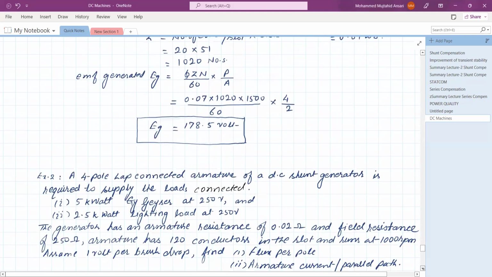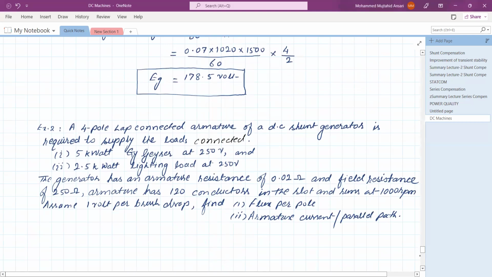The second numerical is: a 4-pole lap connected armature of a DC shunt generator is required to supply the connected load. Number one is a 5 kilowatt geyser at 250 volt. Second is a 2.5 kilowatt lighting load at 250 volt.